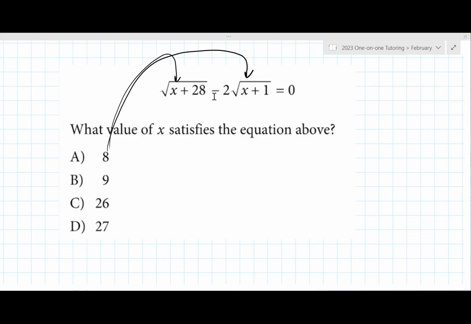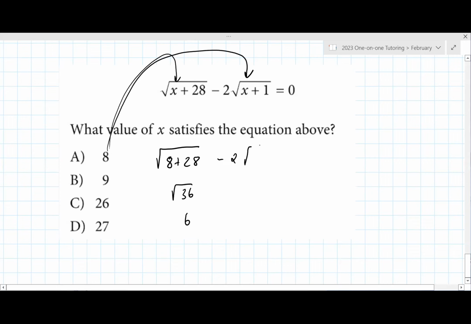What about 8? Okay, what is 8 plus 28? What you need to know is that that right there is going to be 36. What is the square root of 36? 6.